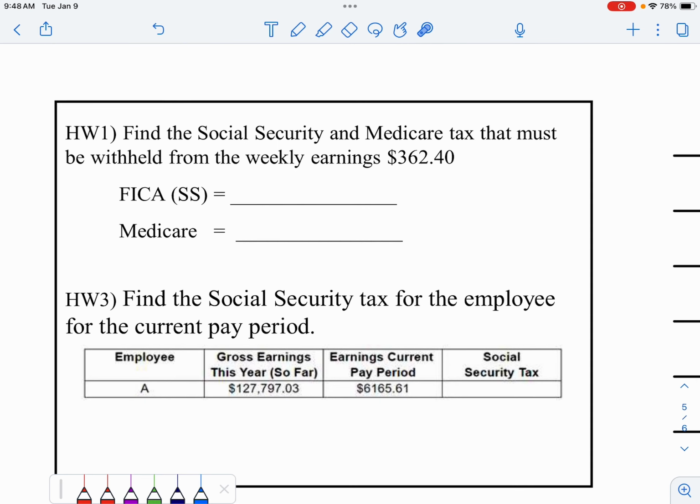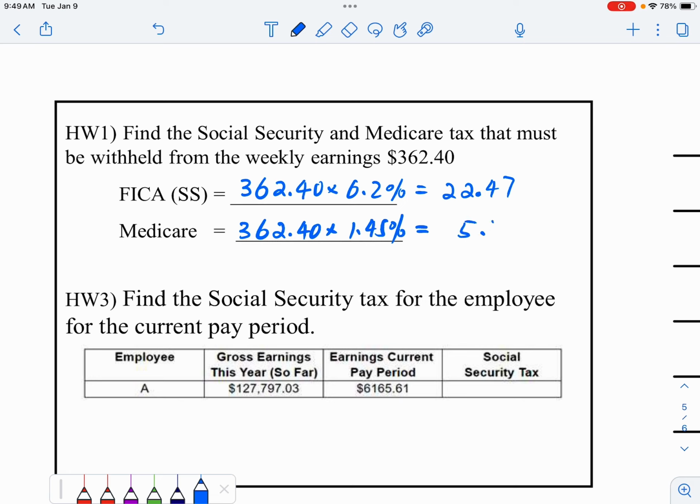So we can just multiply this by 6.2%. 362.40 times 6.2% gives us $22.47. And for Medicare, at 1.45%, this gives us $5.25. So these are the two taxes that will be deducted from your paycheck.